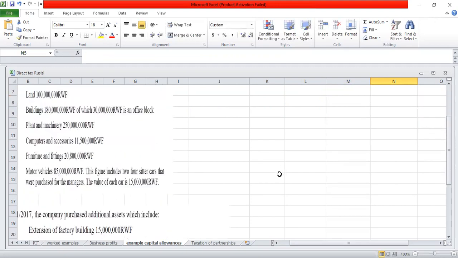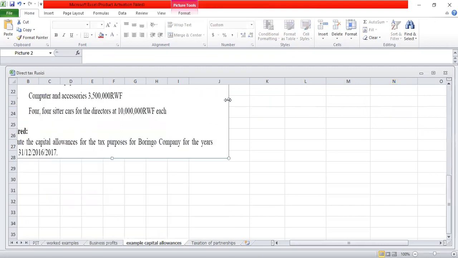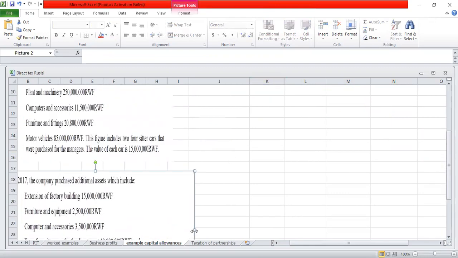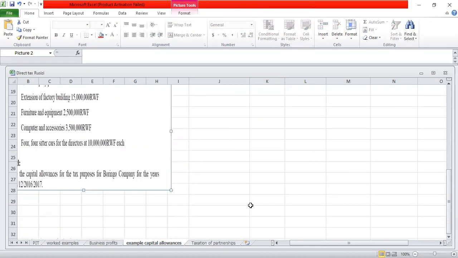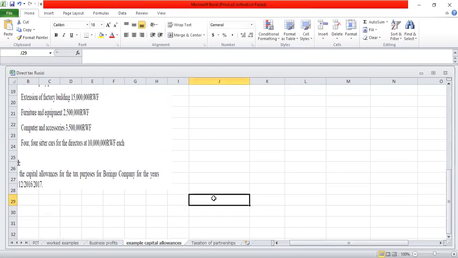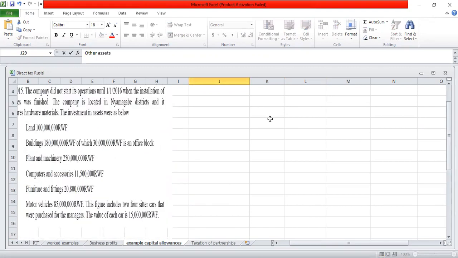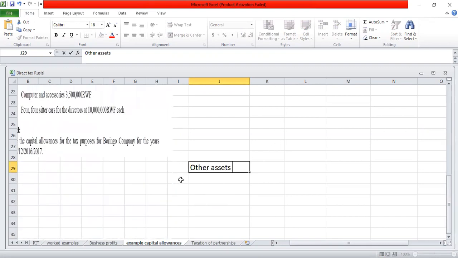Then other assets, I have a motor vehicle.